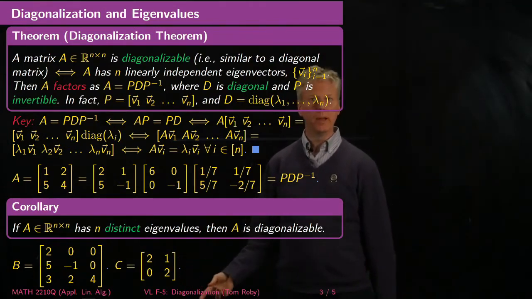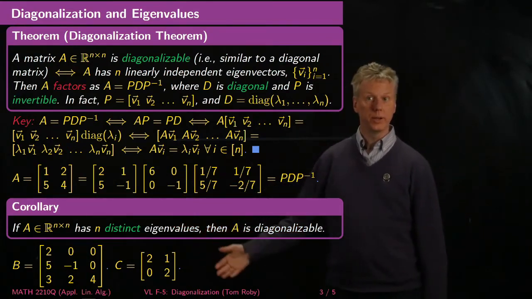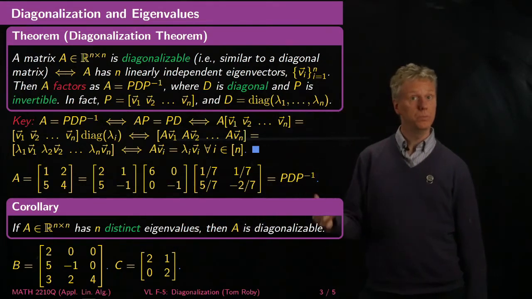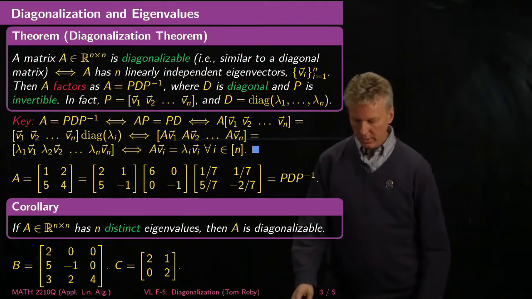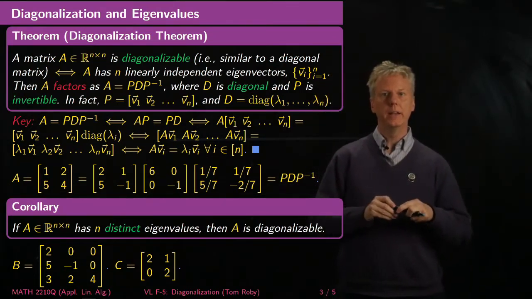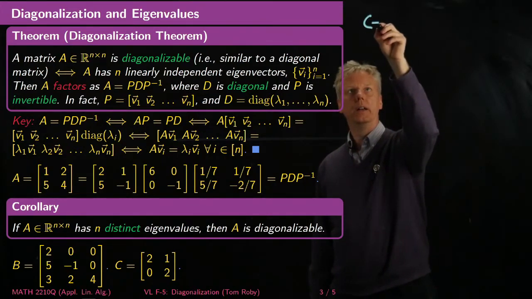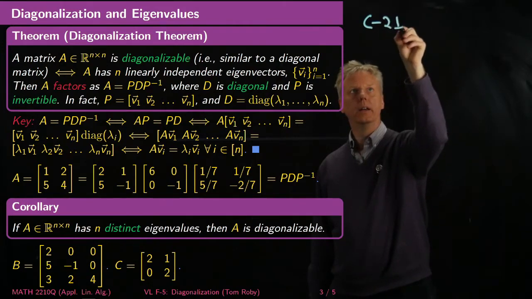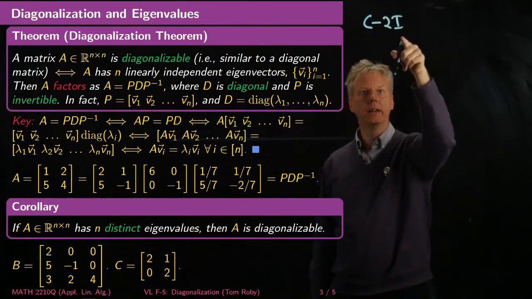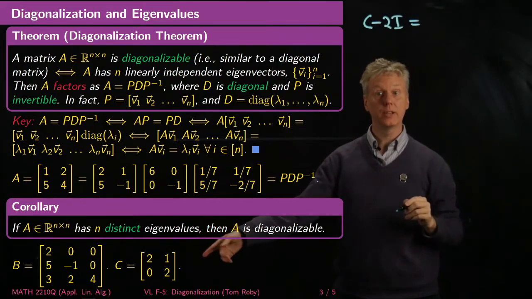Now let's look at this 2 by 2 matrix. What are its eigenvalues? Again, it's a triangular matrix, so we can just look on the diagonal, and we see that 2 is an eigenvalue of multiplicity 2. Okay? And so now here's something where you actually have to do a little bit of work. Now I want to take C minus 2I and figure out how many dimensions of eigenspace I actually have here.